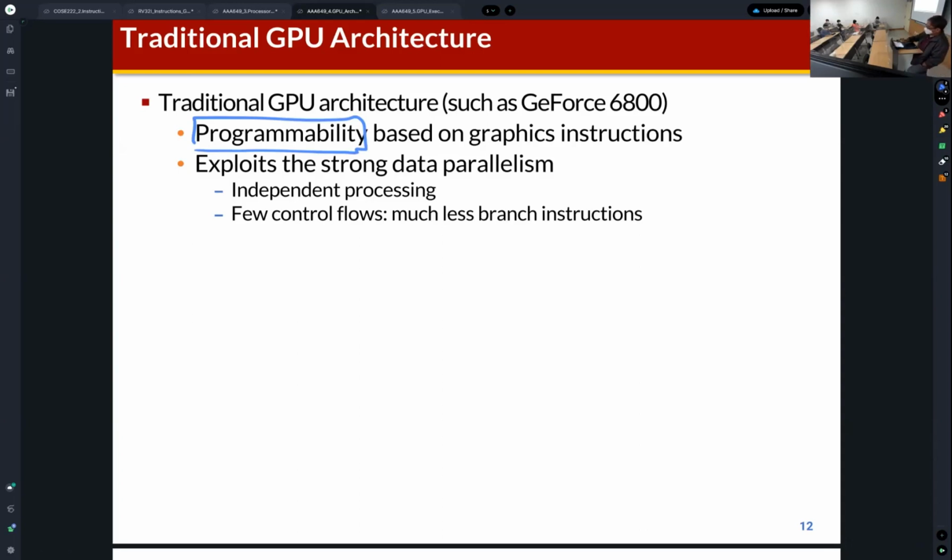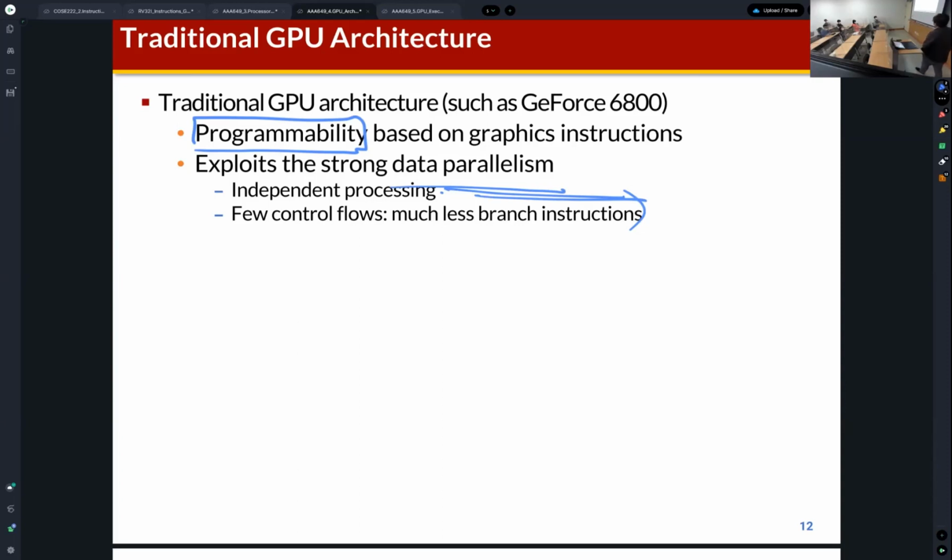But in order to support strong data parallelism, it is the same as a vector processor or other such architectures. To support strong data parallelism, GPUs need to support independent processing, so concurrent execution for many data.